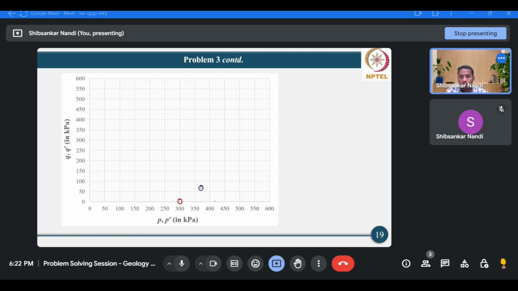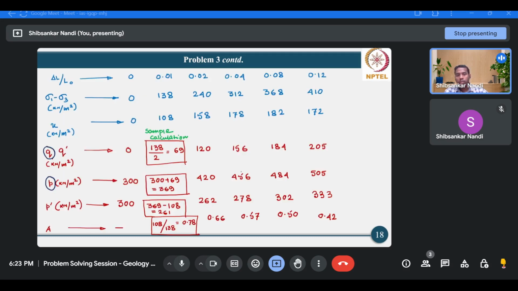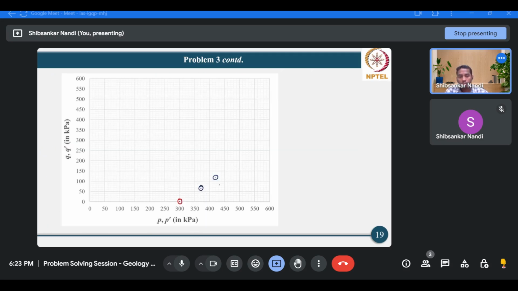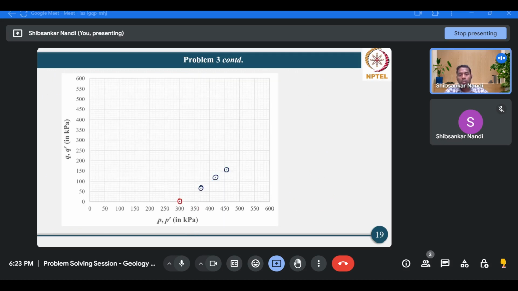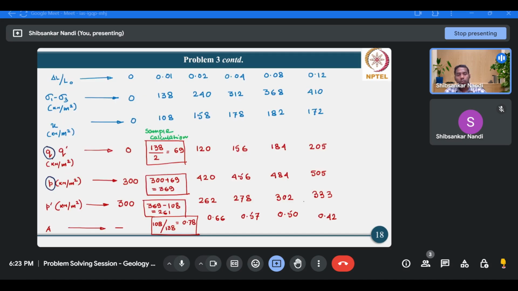So this is your 420 and this is your 120. Next 456 156. 456 and 156. And here 484 184. And 505 205.